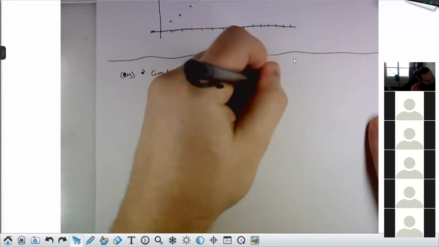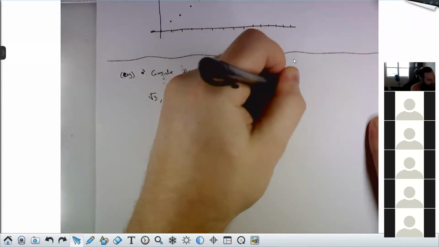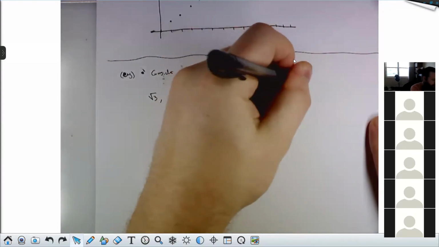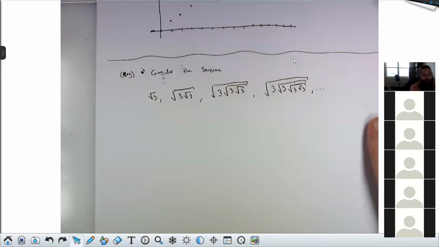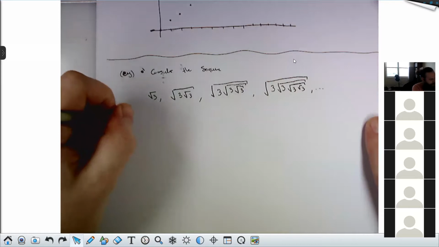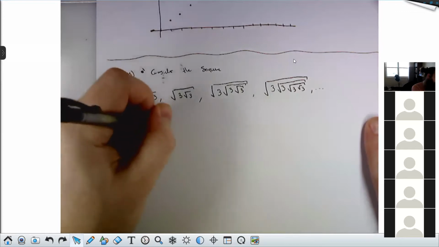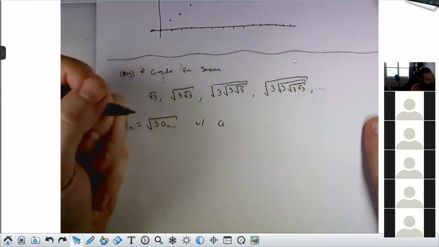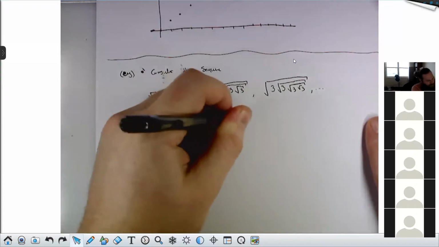A_n is equal to the square root of 3 times A_{n-1}, with A_0, say, equal to the square root of 3.